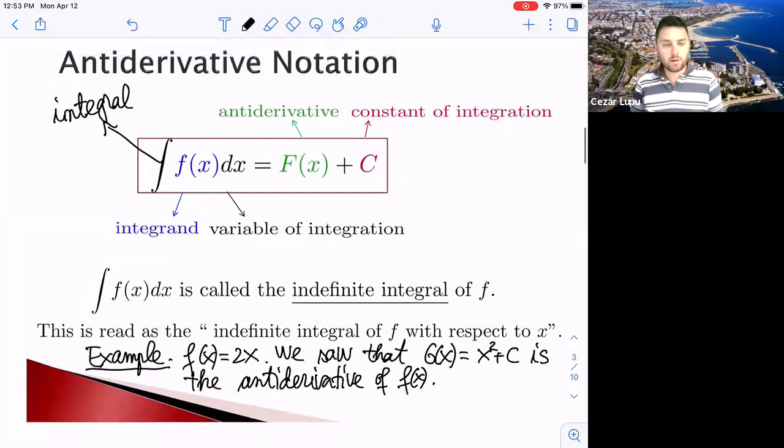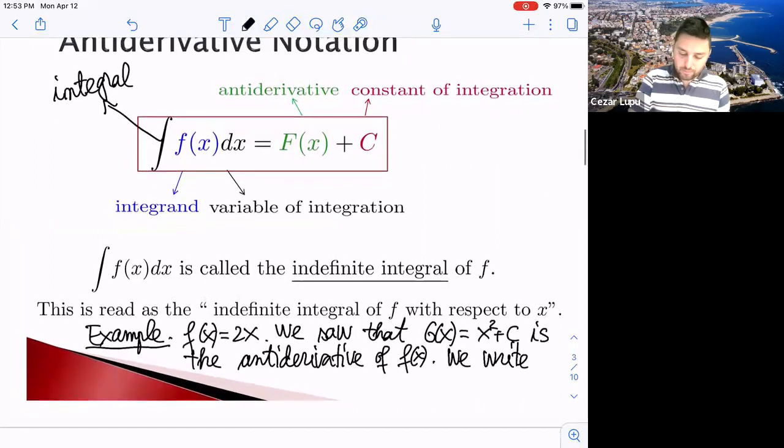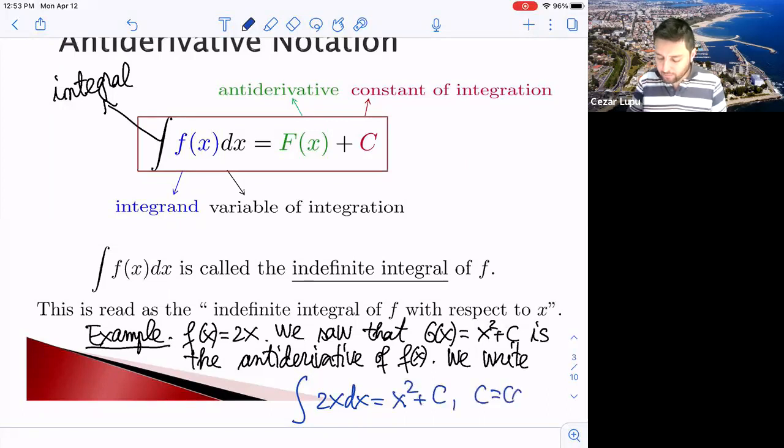So in our notation, we can write the integral of 2x dx. As you can see, f of x is 2x, so this will be x squared plus c, where c is a constant.